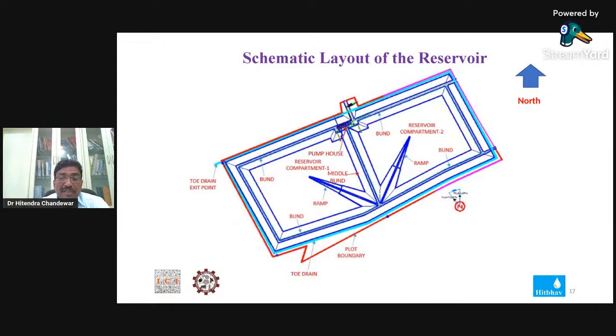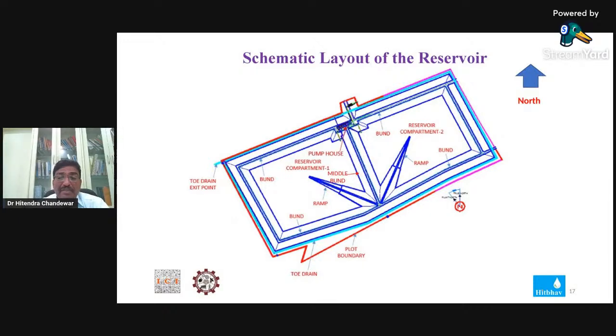On both compartments we have provided a ramp because it's a sandy area and lots of sandstorms come, so we may have to remove the silt and sand once the sandstorms are gone. For that we have divided it into two compartments.